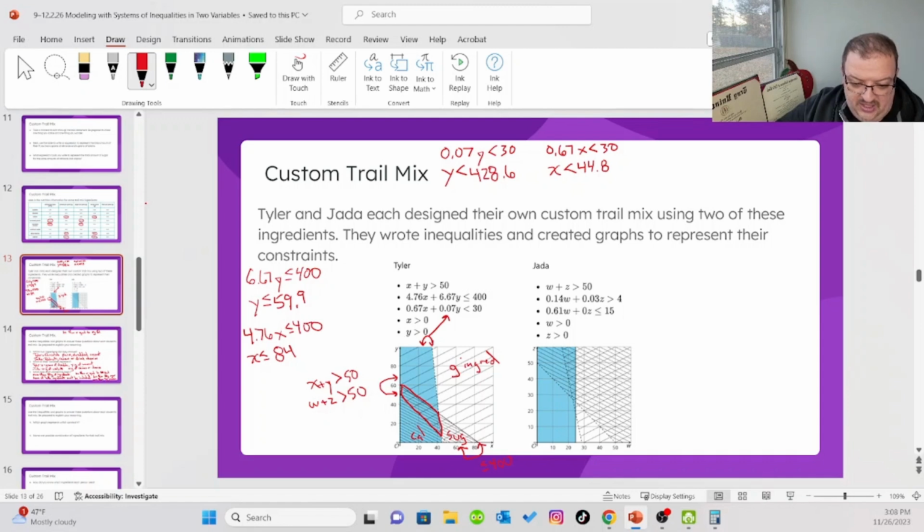Now we're looking at Jada. Everything from this dotted line here up, so everything in this thin downward striped area is going to be the ingredients.